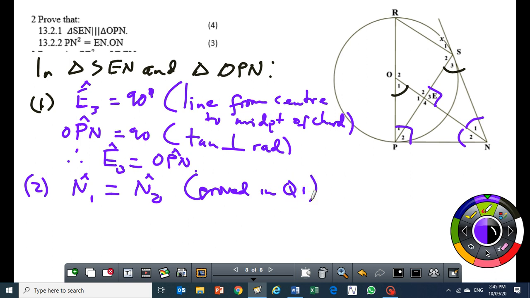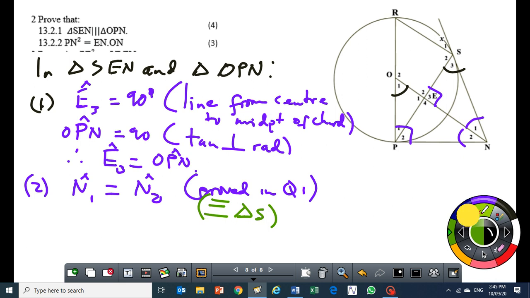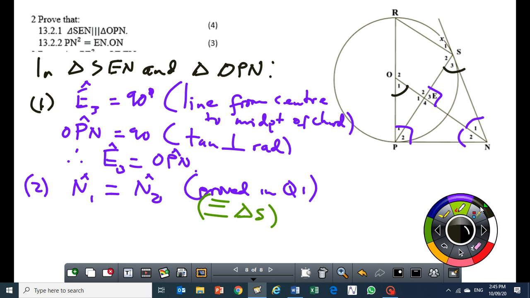Or I would suggest that you can give your reason here as congruent triangles if you want to, because that comes from congruency. Once you have got these two pairs of corresponding angles, the third pair is very simple. I've told you that many times.